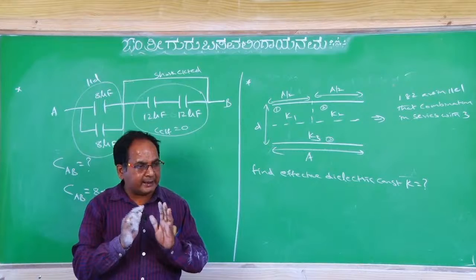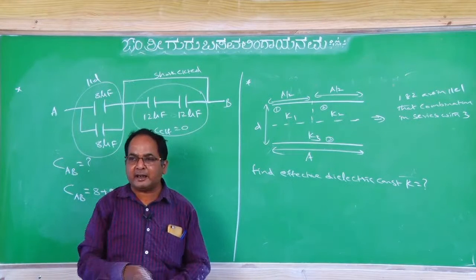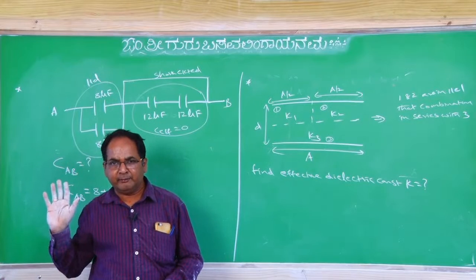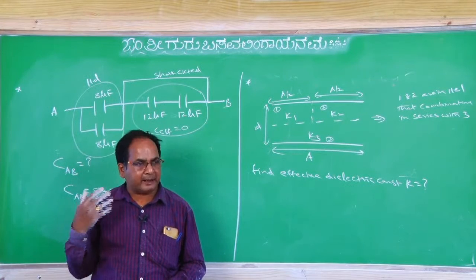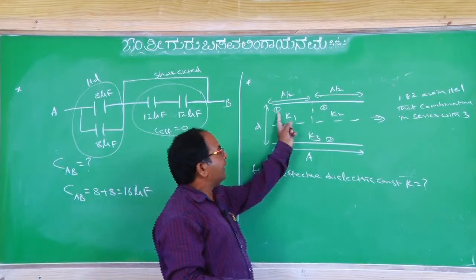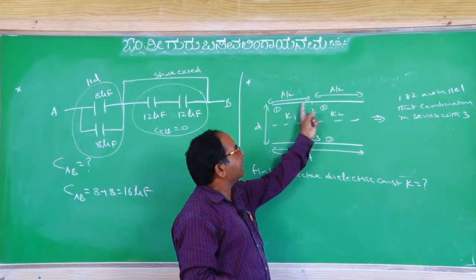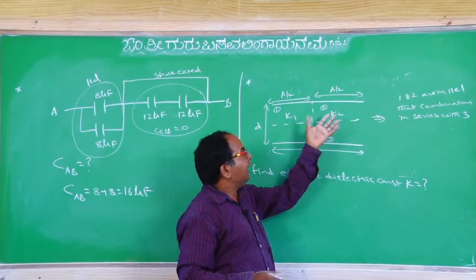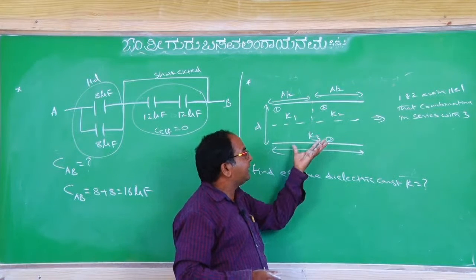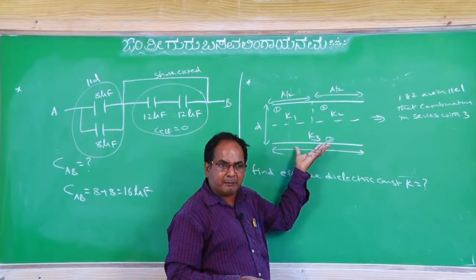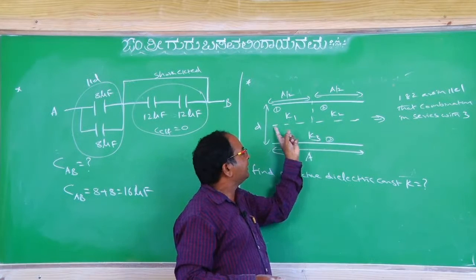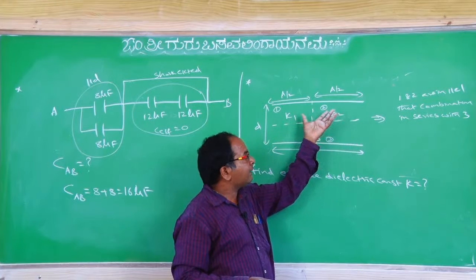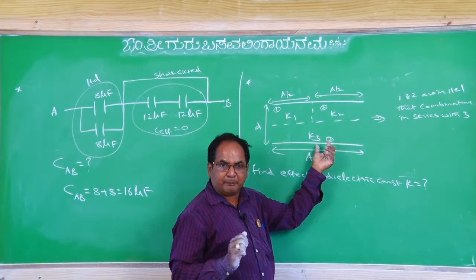First try to recognize parallel. How do you recognize parallel? If a common plate is there, parallel. If a common plate is not there, not parallel. Here 1 and 2 both have a common plate. Okay, so parallel. And does this combination and this combination have any common plate? No, only this is a line, not a plate. So here this combination is in series with the third capacitor.